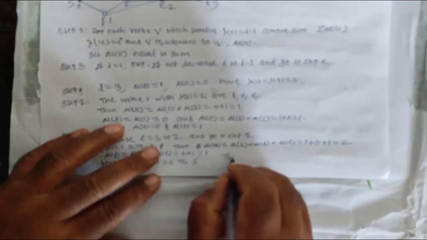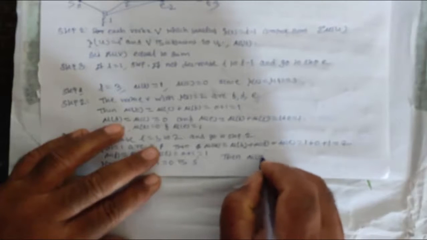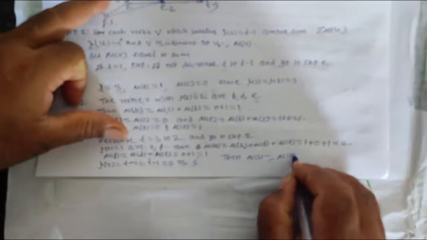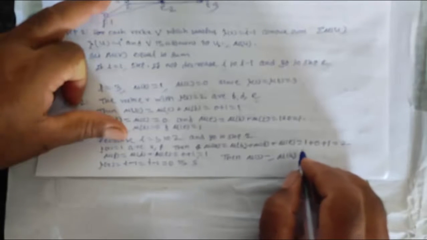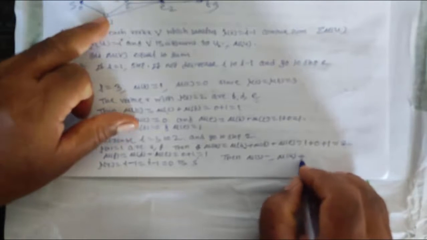Then mu of S is equal to mu of A plus mu of F, and here mu of A is 2 and mu of F is 1.